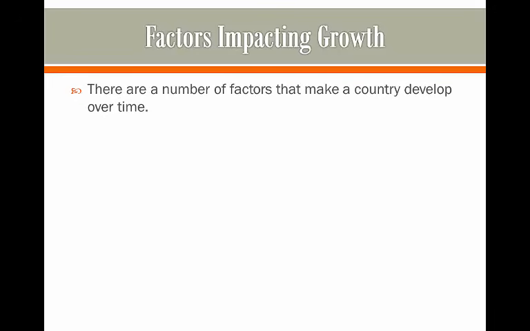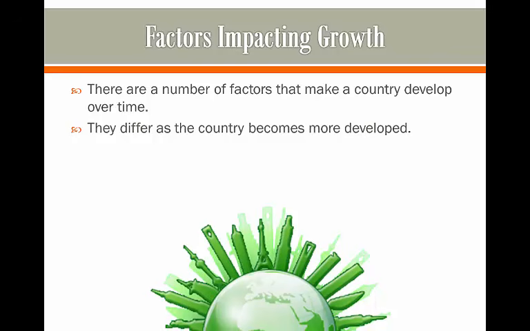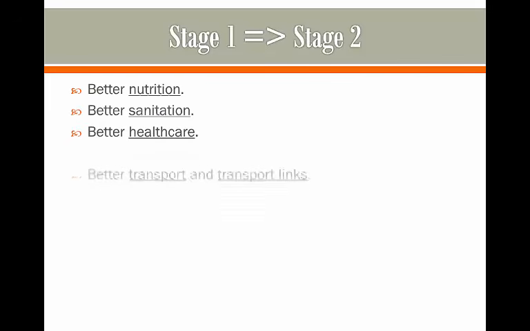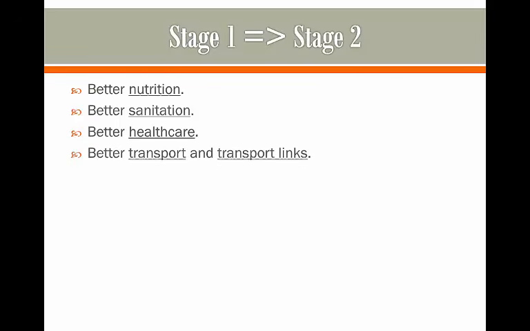So there's a number of factors that will make a country develop over time, and as the country becomes more developed, the different factors will be varied. So what happens when a country goes from stage 1 to stage 2? In order to develop, the death rate is going to decrease a lot, and this is because of better nutrition, better sanitation, better healthcare, and better transport and transport links.